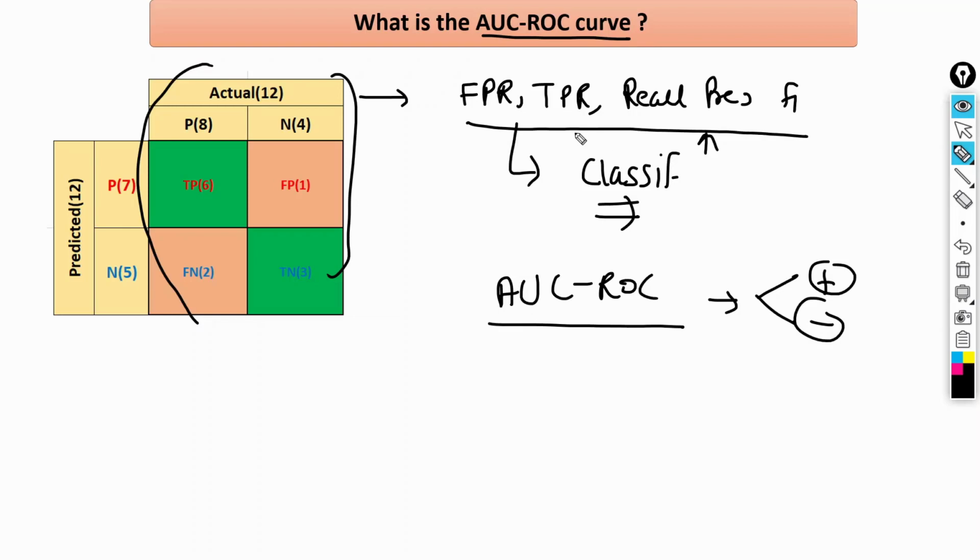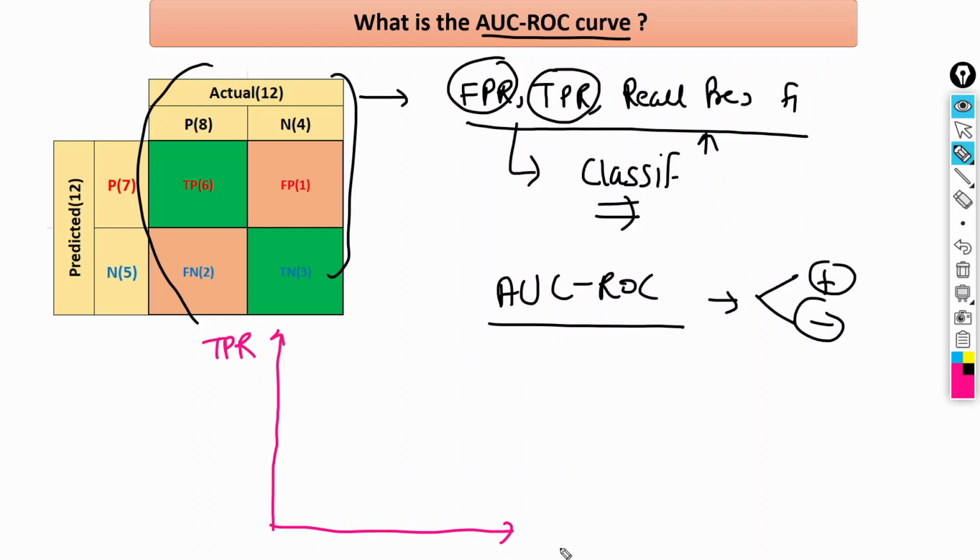We can draw the AUC ROC curve with the help of the false positive rate and true positive rate. How can we do that? Let's see here. This is your true positive rate, this is your false positive rate, right? With the help of these two performance metrics we can draw the AUC ROC curve.